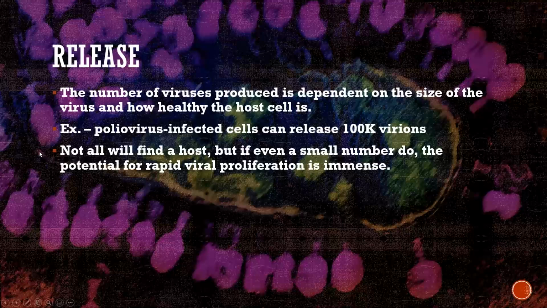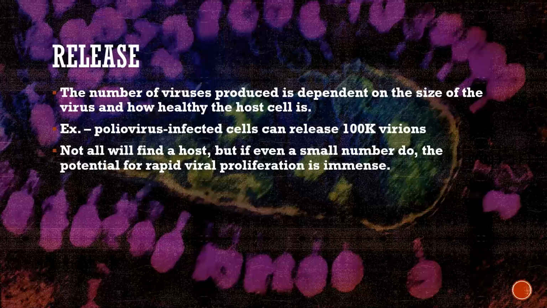Just to give you some context on the numbers, polioviruses can be made in the 100,000 range. So one host cell can make 100,000 viral particles. And each one of those could find their own host and infect it. So you can see how a viral infection could get really out of hand really quickly.